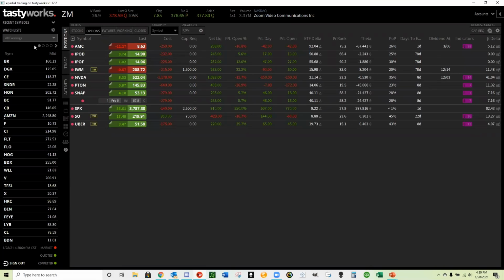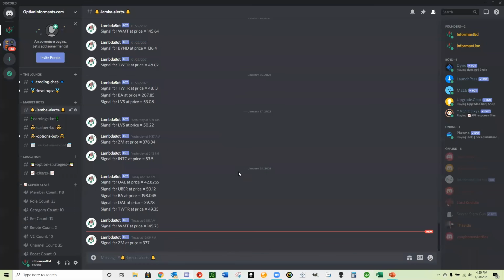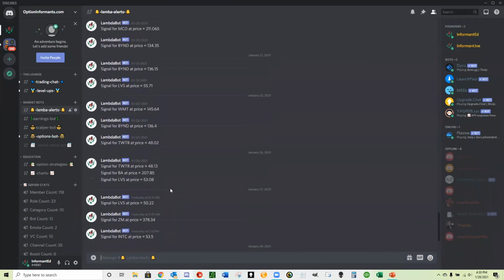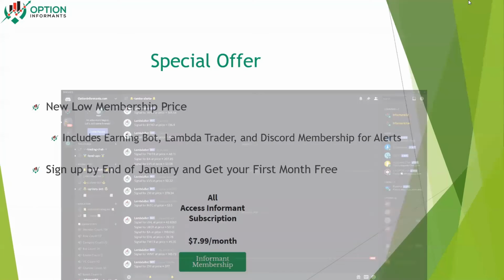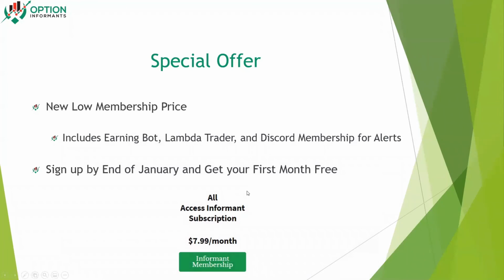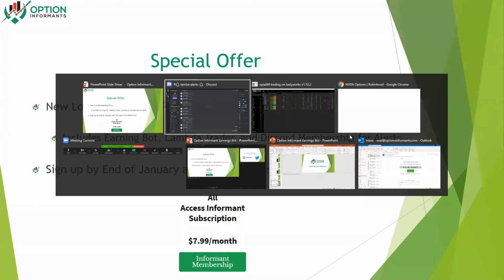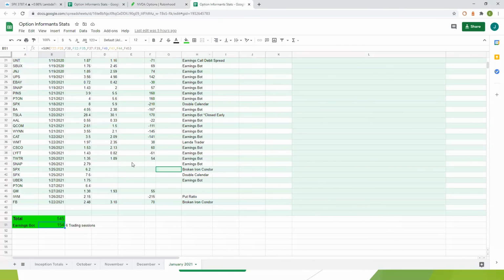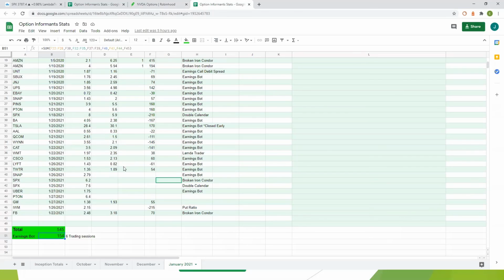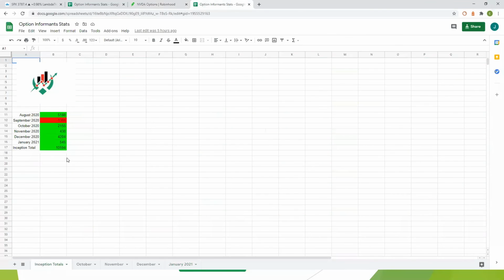What is our year to date, since inception performance for our alerts? Well, it's definitely going to be a lot better tomorrow, I'll tell you that. I think we're sitting at around 500 just on the alert side. Go back to inception totals here, down low. Yep.